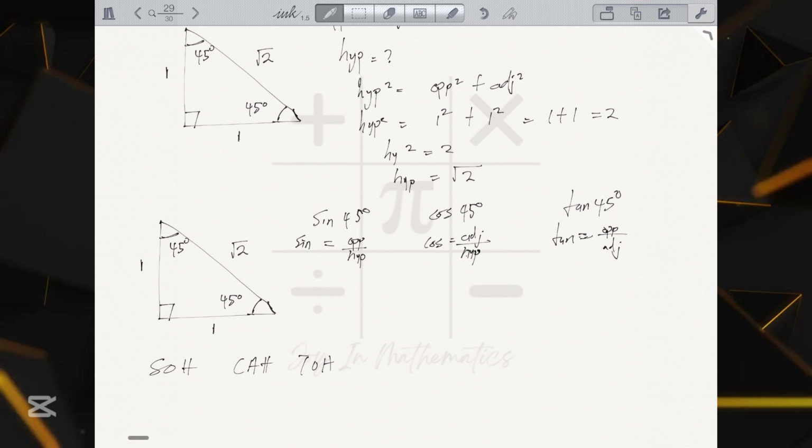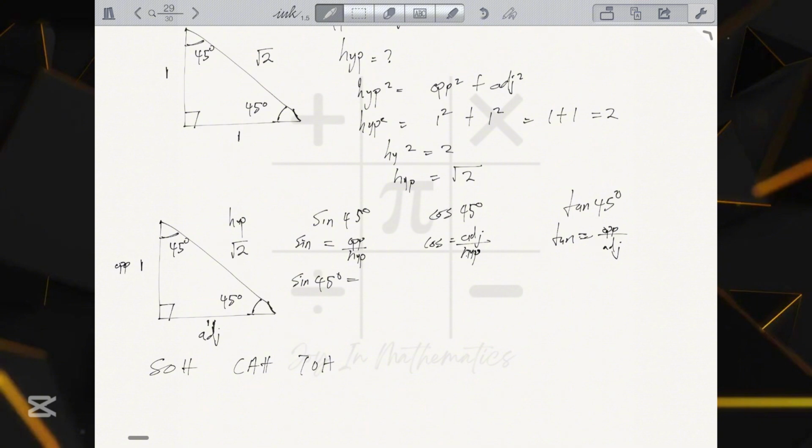So with this, let's dive in. I want to express sine 45 degrees. Let's consider this angle 45 degrees. This will be the opposite, this will be the adjacent, and this is the hypotenuse. Even if we consider the other angle 45 degrees, the opposite and the adjacent will still be the same.